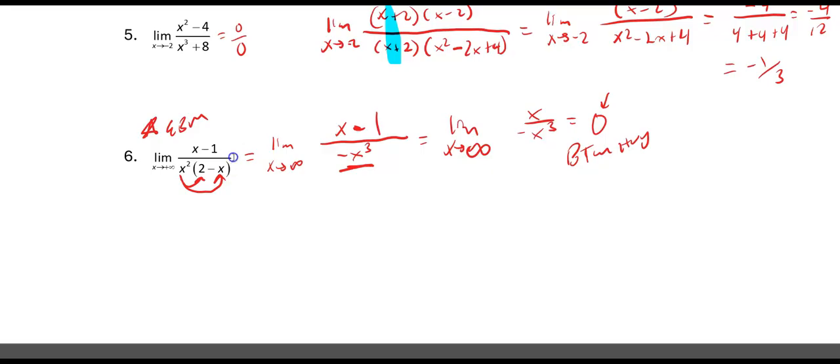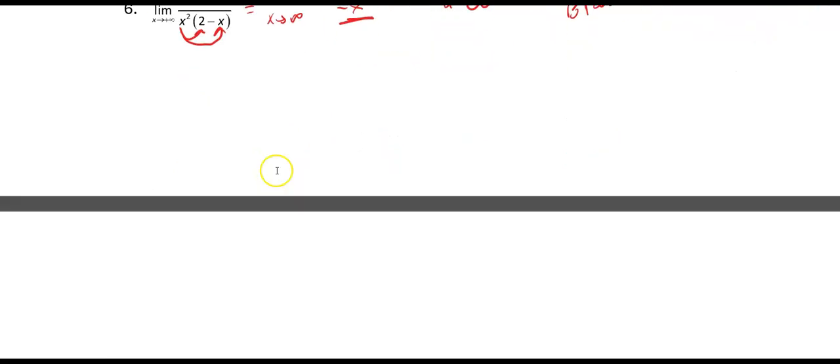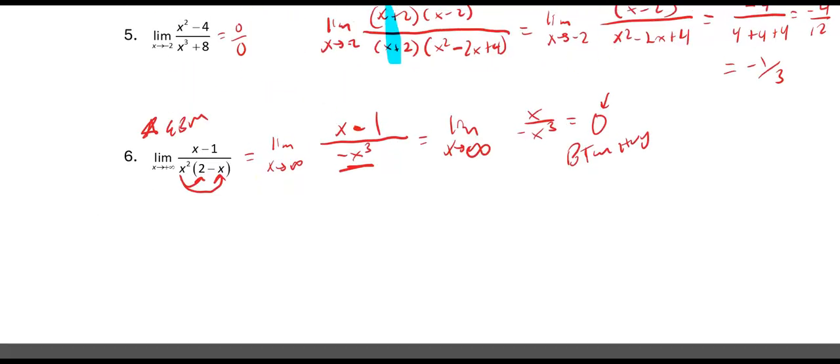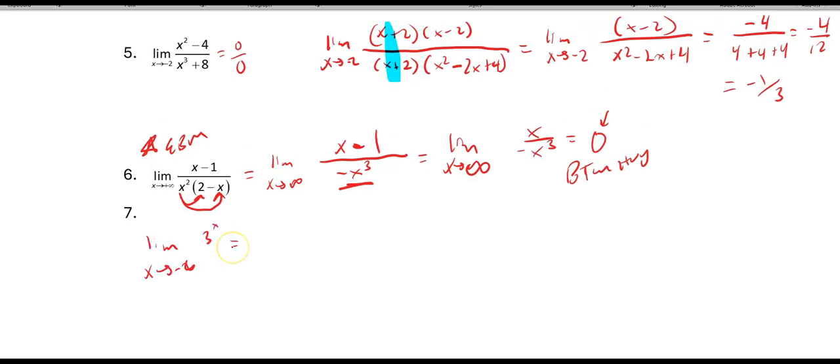Number 7. I'm just going to write that out real quick because it's really not a lot to talk about with it. The graph looks like this. All right. There's a horizontal asymptote at y equals 0.